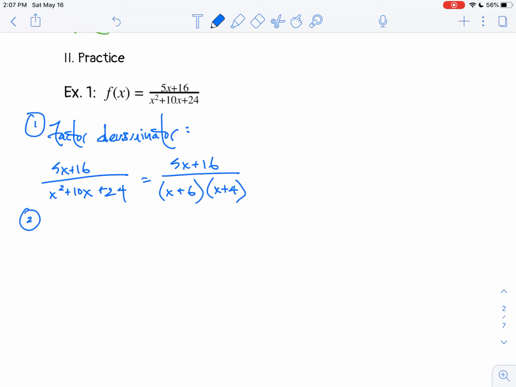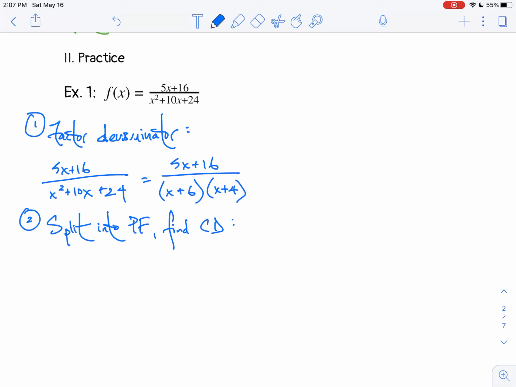But once we factor the denominator, now we're going to move on to step 2, where we split into partial fractions and find a common denominator.